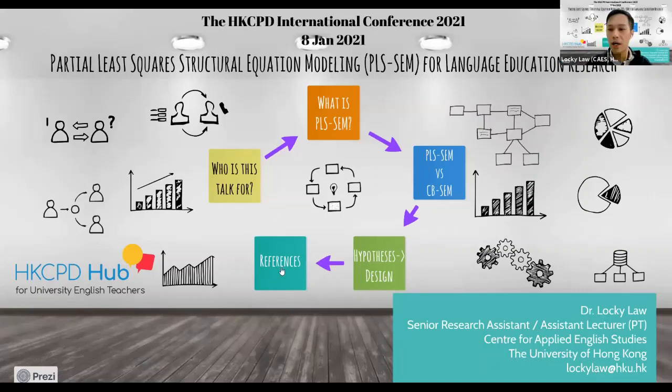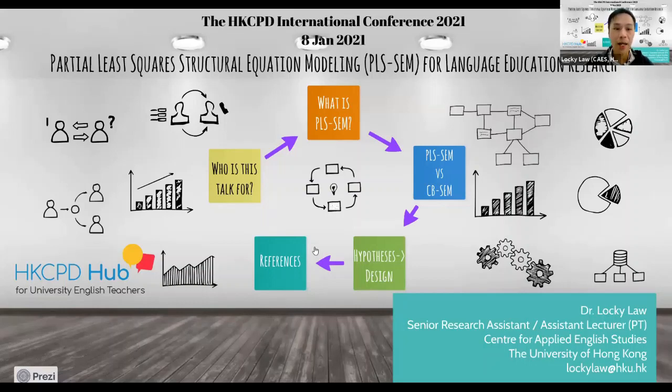Right, cool. Thanks for attending this talk and good afternoon. My talk title, Partial Least Squares Structural Equation Modeling (PLS-SEM) for Language Education Research.